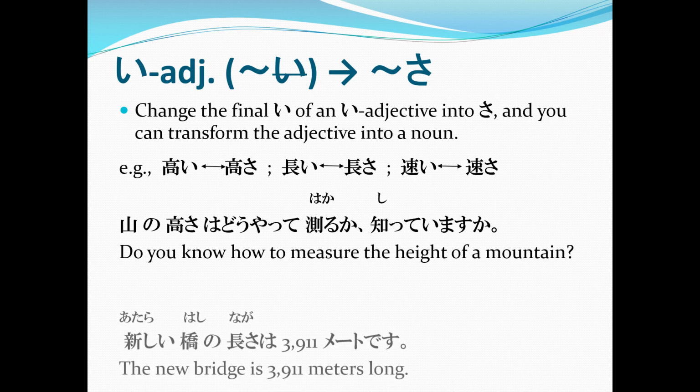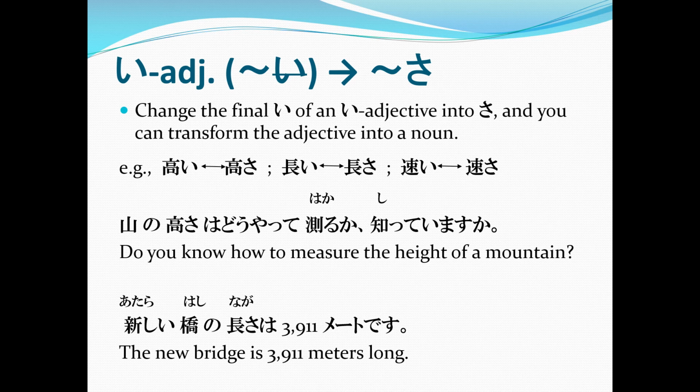Now here's another one. 新しい橋の長さは3911メートルです。The new bridge is 3,911 meters long. And yes, again everyone, 長さ means length. わかりましたか？Now, let's move on to the last topic for this lesson.